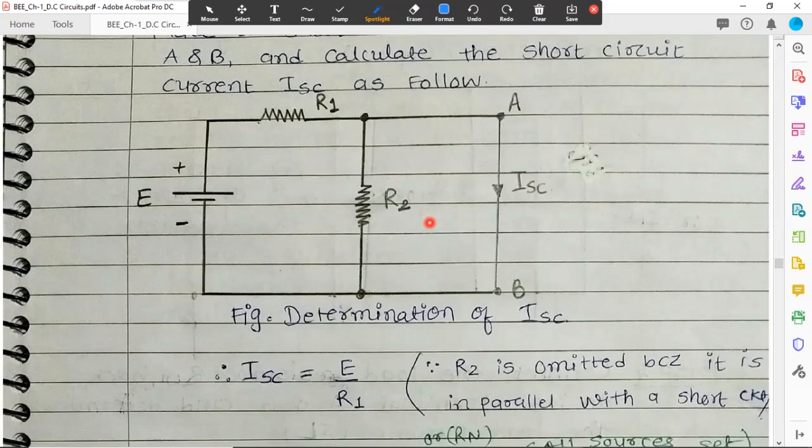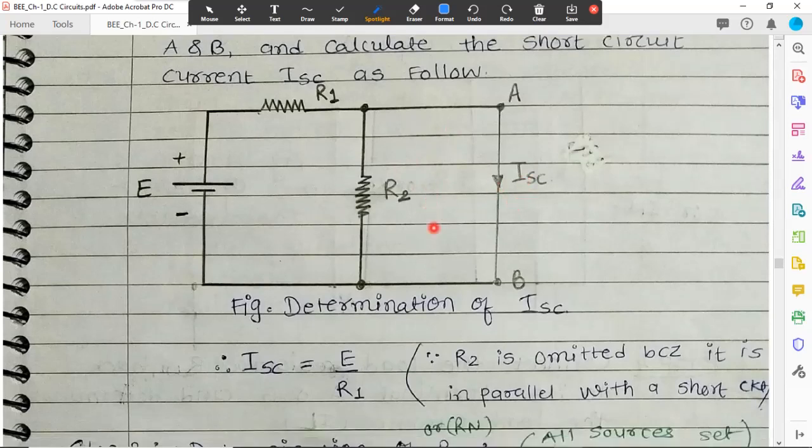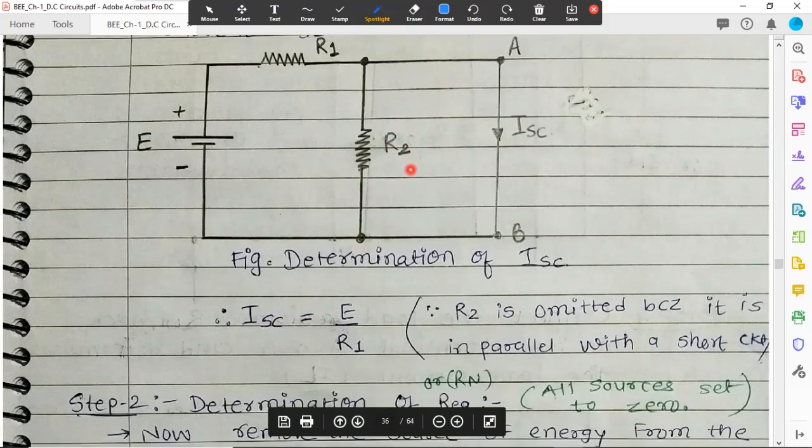We can neglect this resistance. So here we can define ISC as E upon R1, because R2 is omitted because it is in parallel with the short circuit. Any resistance can be neglected when it is in parallel with the short circuit. So ISC is E by R1. This is the short circuit current or Norton's equivalent current.